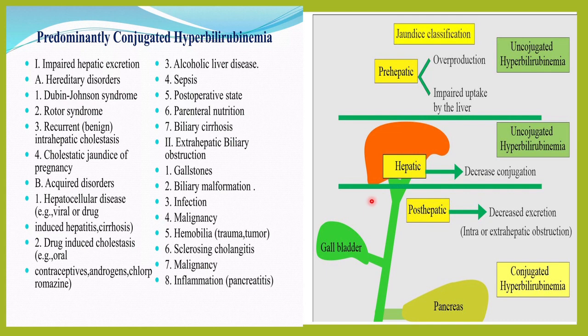For example, it could be gallstone, infection, a pancreatic head malignancy, sclerosing cholangitis, or inflammation in the pancreas. All these can lead to increased conjugated bilirubin in the urine.